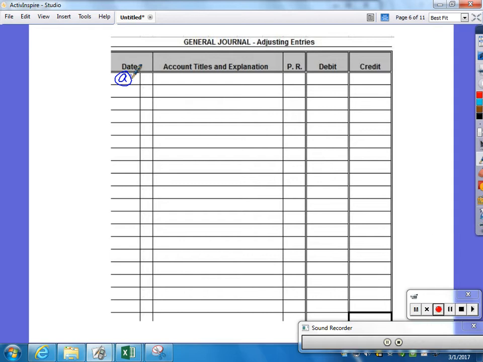What do we debit? You do understand. It told you that 2/3 or $133 of 1 month's insurance coverage has expired. Debit insurance expense, and you credit prepaid insurance.